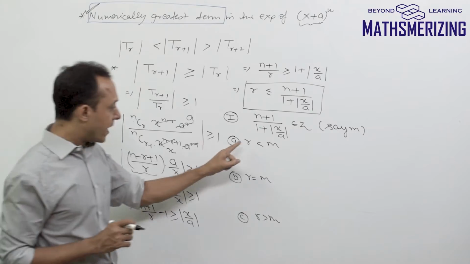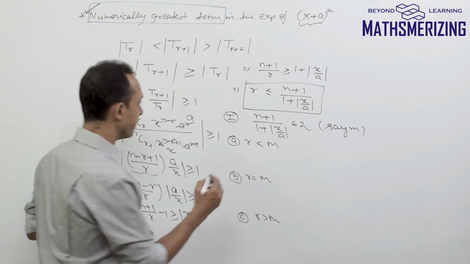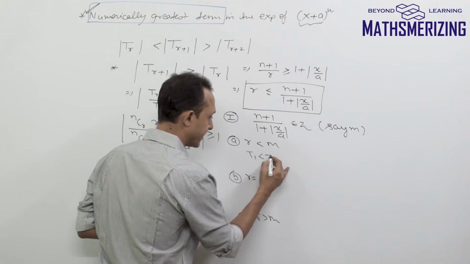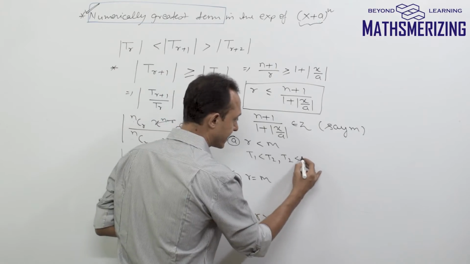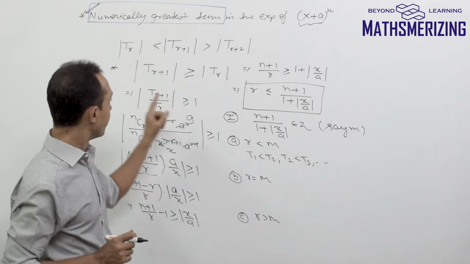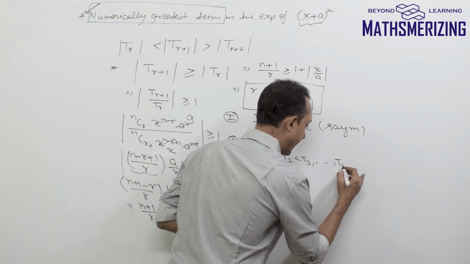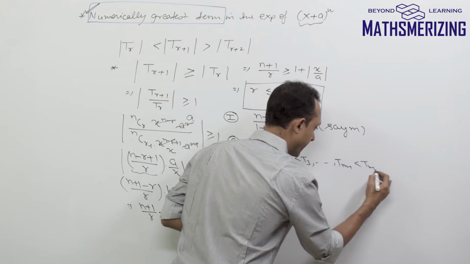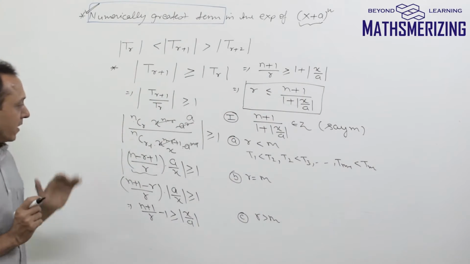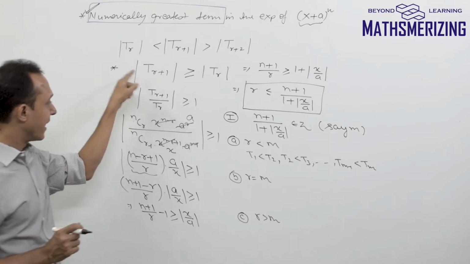Now, when the value of r is less than m, in that case, I can simply say t1 is less than t2, t2 is less than t3, and it will continue up to the value of r being m minus 1. If it continues up to m minus 1, then the condition I'll get is t(m minus 1) is less than t(m). Now, when the value of r is equal to m, there I'll get this equality sign.